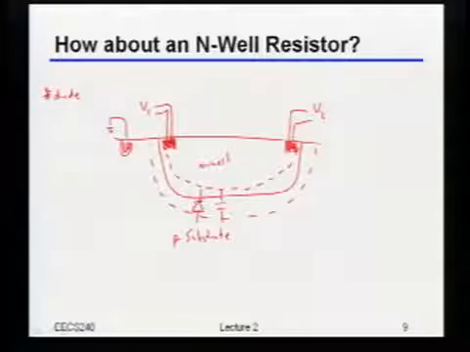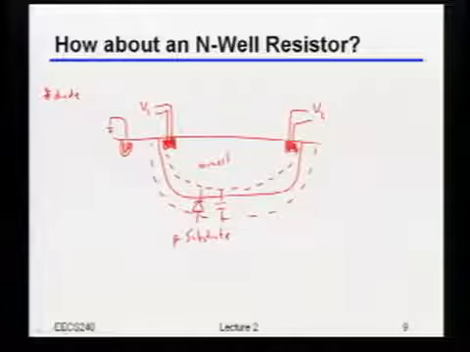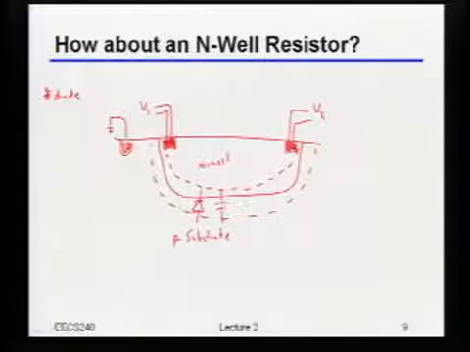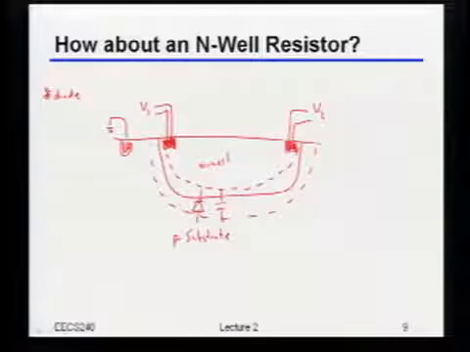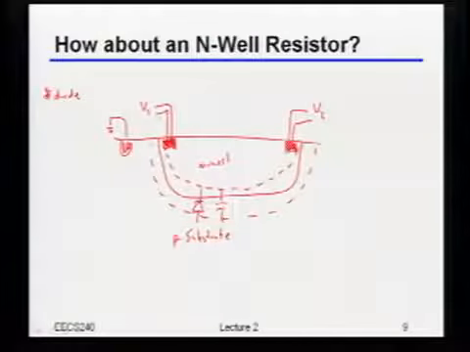Okay, that's all goodness. Now let's actually think a little bit more carefully. So what else is going to happen here? So I've got this N-well resistor. I've claimed it's a resistor. Okay, it's got a diode on it. That diode has some capacitance. Is there any other sort of things that, when you type R in SPICE, which is an ideal R, are going to happen to this resistor that would not happen in SPICE?